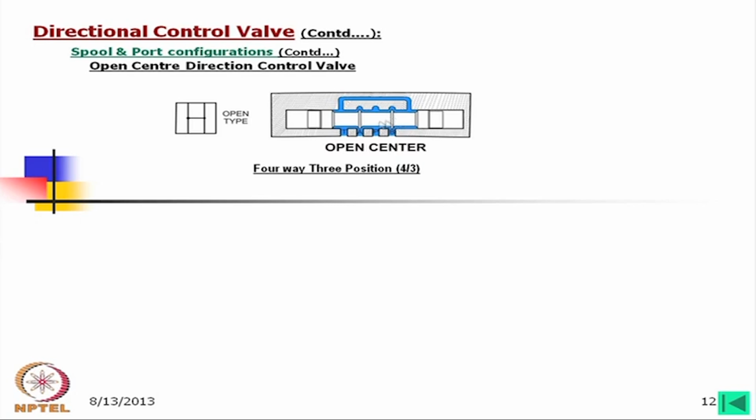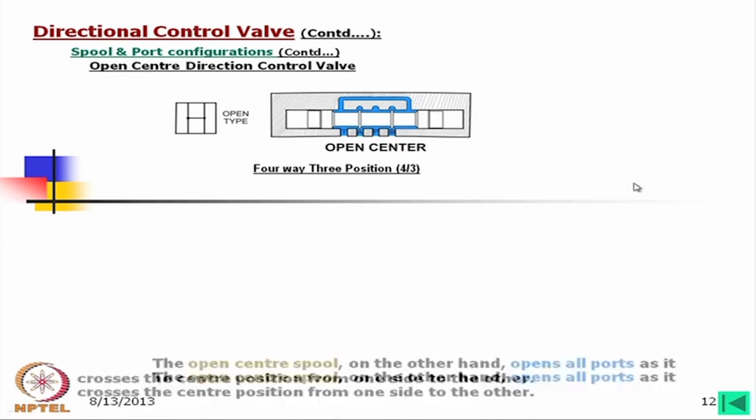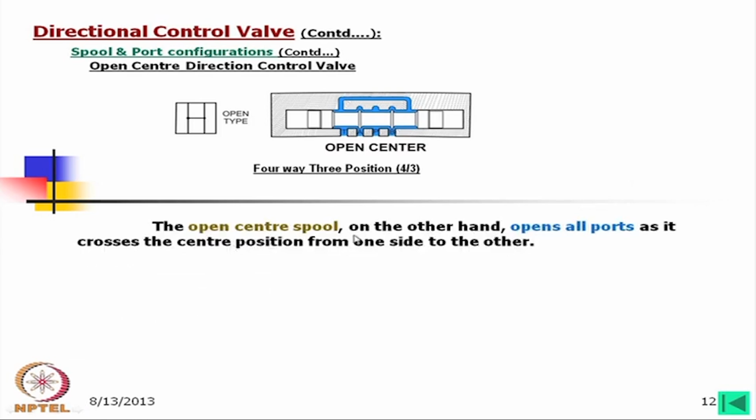As you see here, the two middle lands are very thin, not wide, and so they keep all the ports open at the center. Now, if we move right hand side or left hand side, it will be the same as what we discussed earlier in the case of closed center. The open center spool, on the other hand, opens all ports as it crosses the center position from one side to the other.